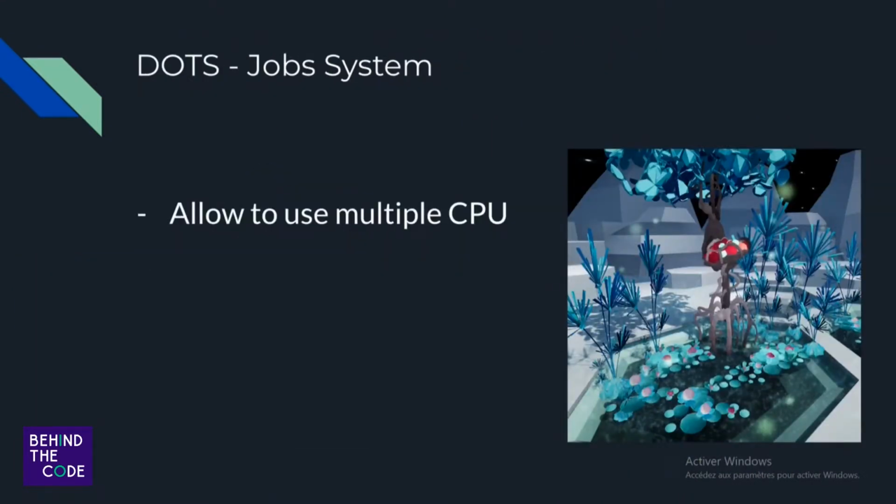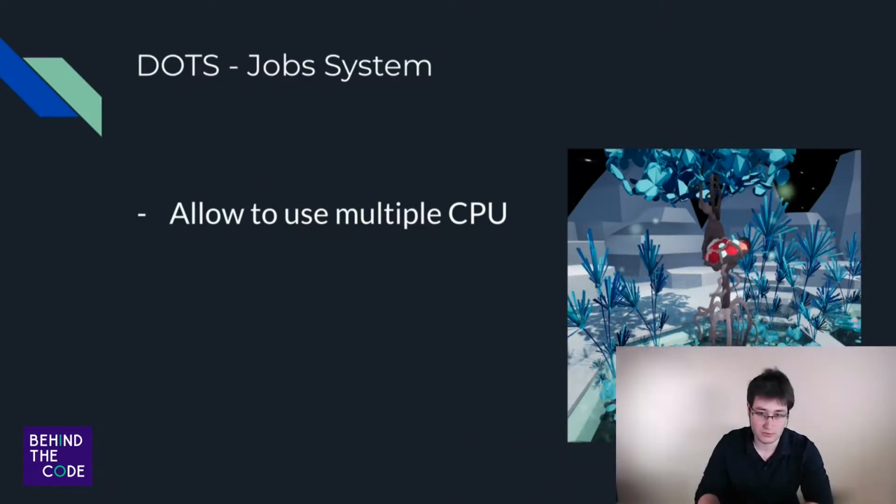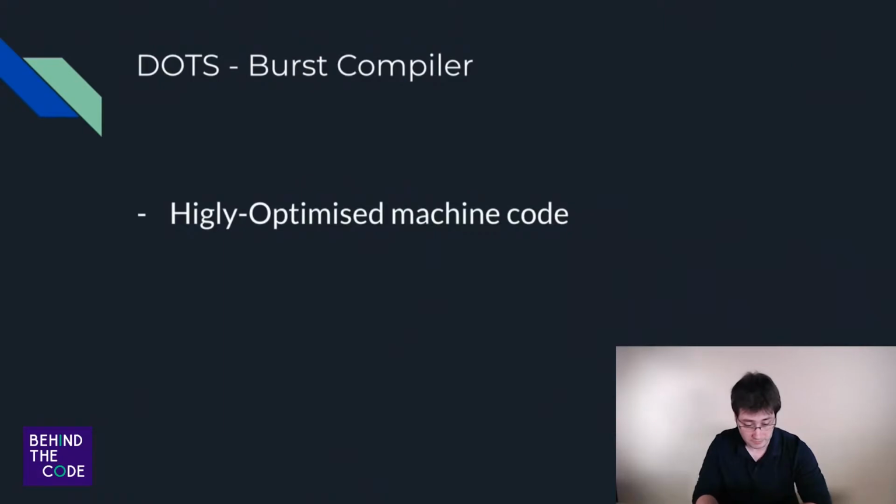Voila. And then the job system. The job system will allow us to use the potential of the multiple CPU threads of your PC, so you can launch several calculations at the same time. It's very useful, and you gain some time.